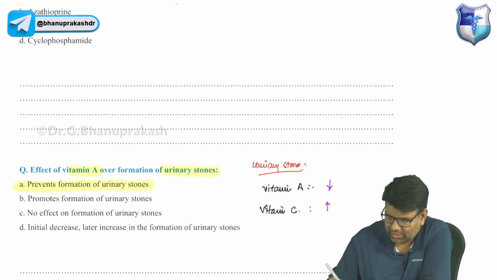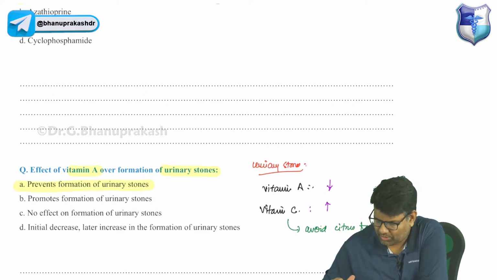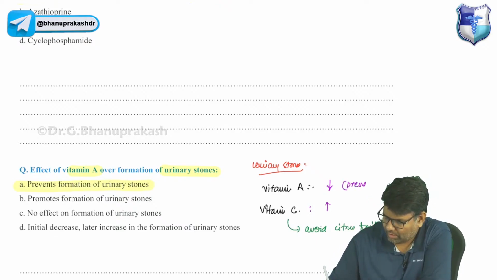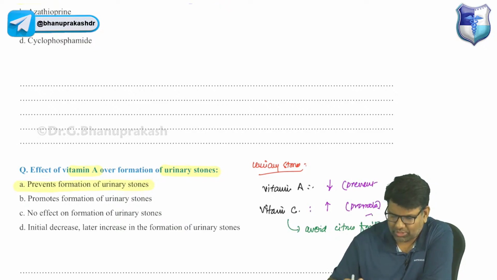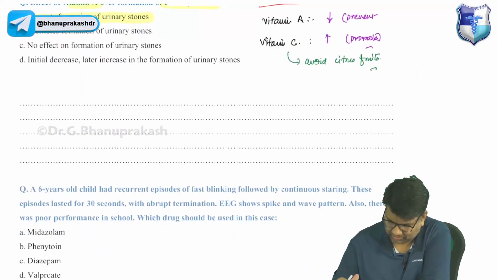Vitamin C. And therefore we tell the patient to avoid citrus fruits or such stuff. Right? So vitamin A will prevent, and vitamin C will increase. Just remember these 2 vitamins with respect to urinary stones.